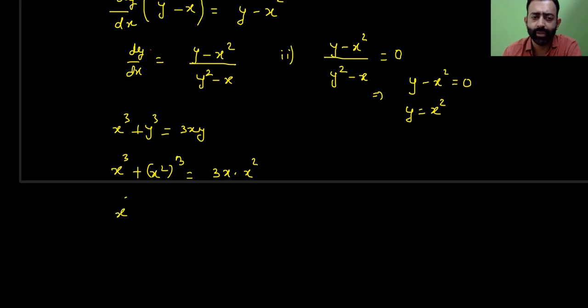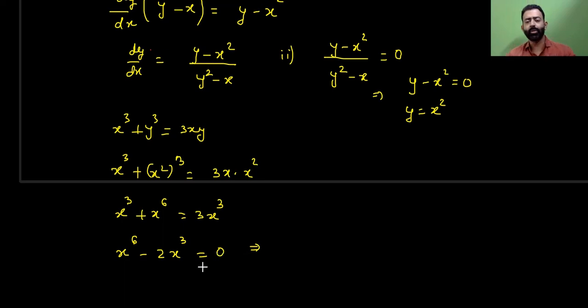So I have x cube plus x raised to power 6 is equal to 3 times x cube, right? So you have x raised to power 6 minus 2 times x raised to power 3 is equal to 0.